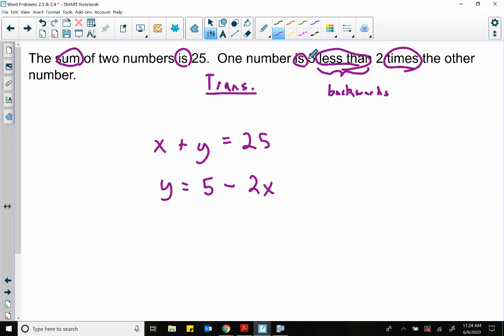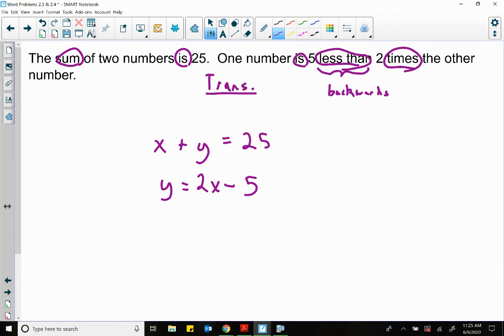Everything that comes before the word less than is actually after the minus sign. Everything that comes after the word less than is actually before the minus sign. So it's not 5 minus 2x, it's 2x minus 5.